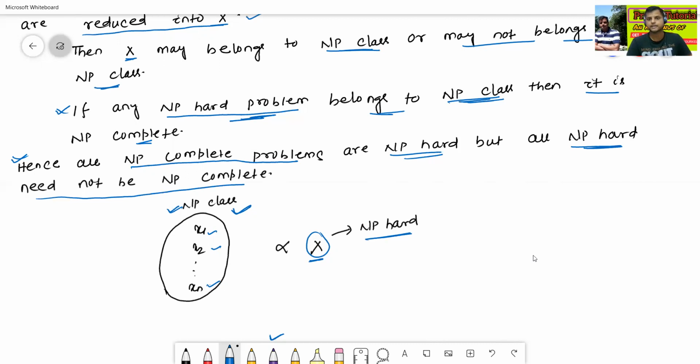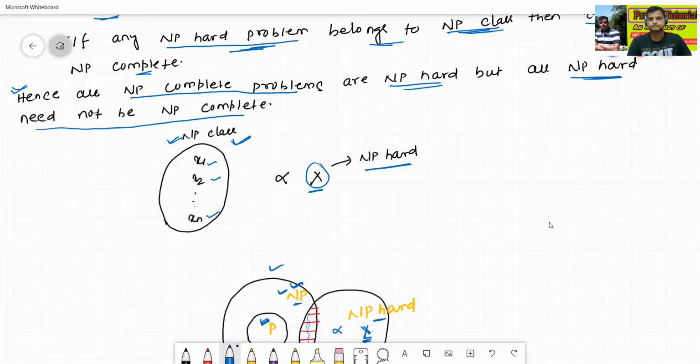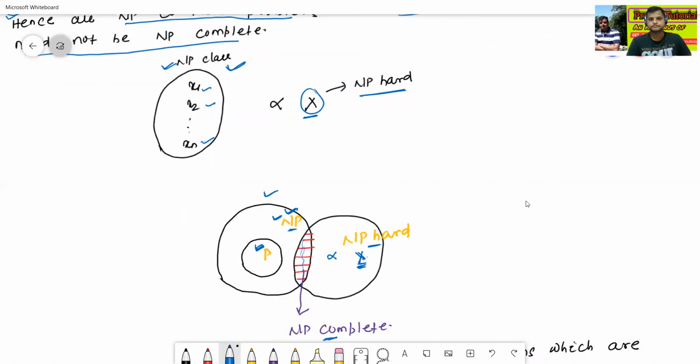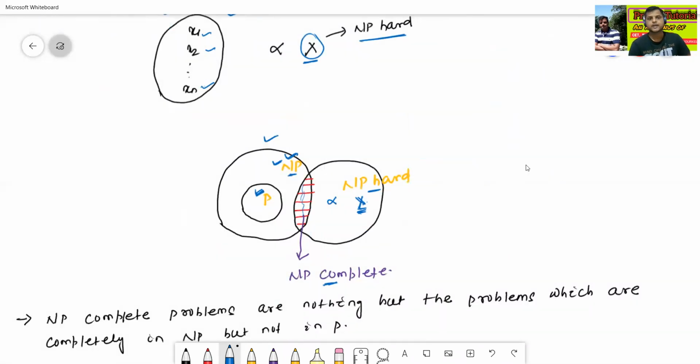See what is the meaning? All NP complete problems are NP hard problems, but all NP hard problems need not be NP complete problems. Now again I am explaining this Venn diagram. All P class problems are NP class problems, but all NP class problems need not be P class problems.